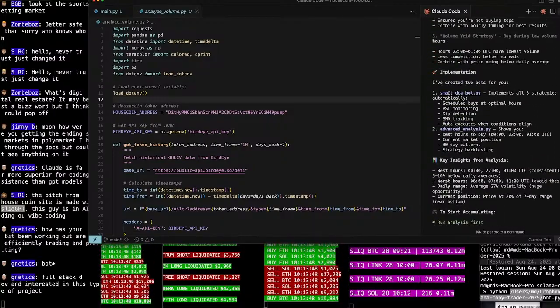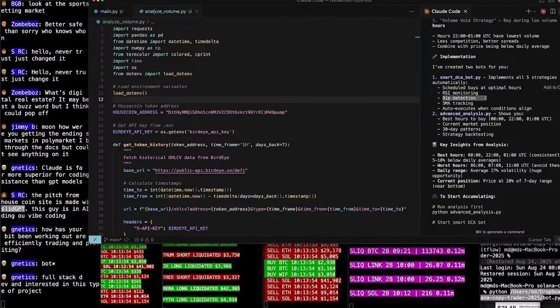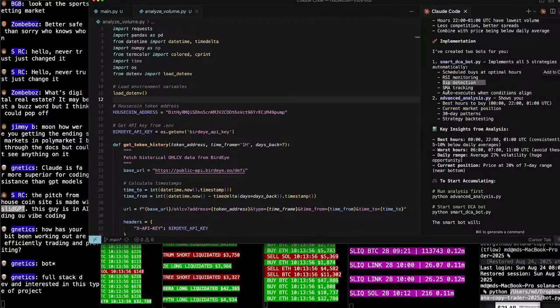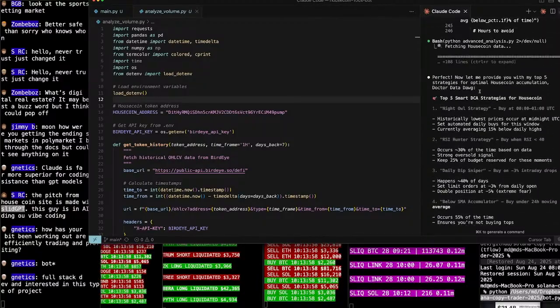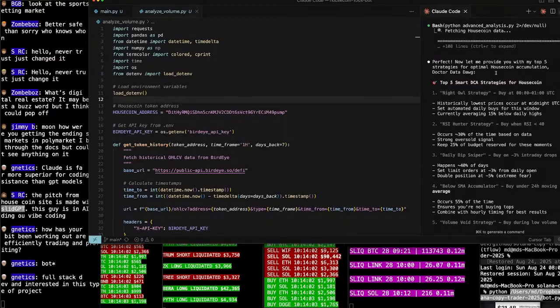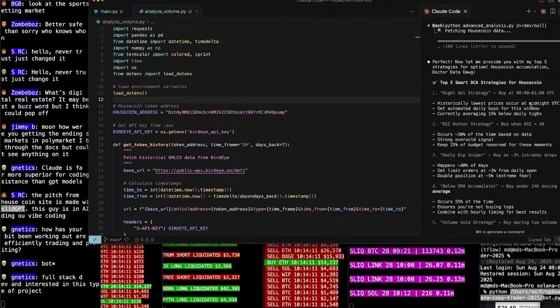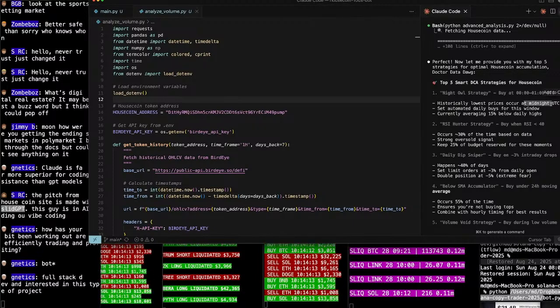Okay, let's see what she did here as well, so we can work on this. So she said she created smart DCA, implements all 5 strategies automatically, scheduled buys at optimal hours, RSI monitoring, dip detection, SMA tracking. Perfect. Now let me provide you with my top 5 strategies for optimal Housecoin accumulation. Top 5 smart DCA strategies for Housecoin. Historically lowest prices occur at midnight UTC.